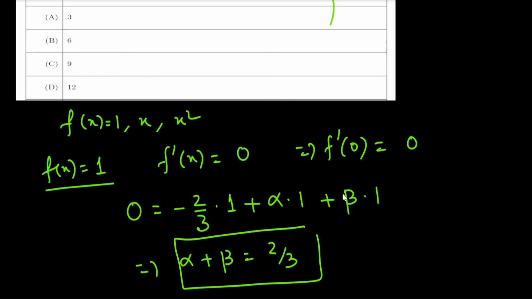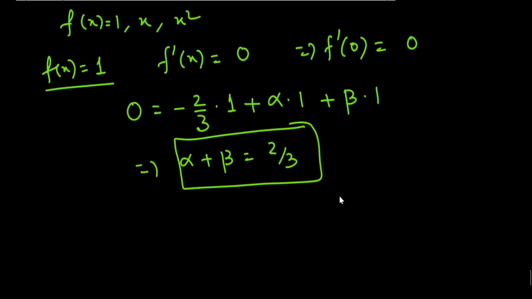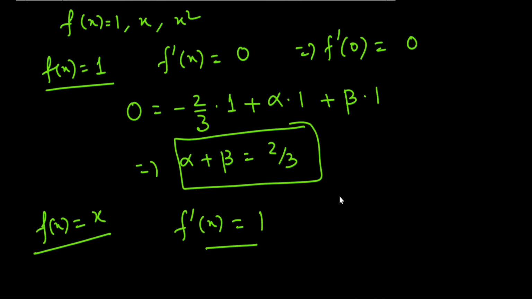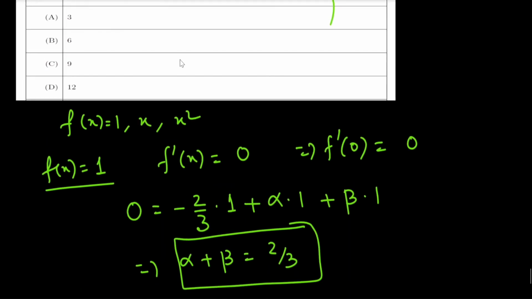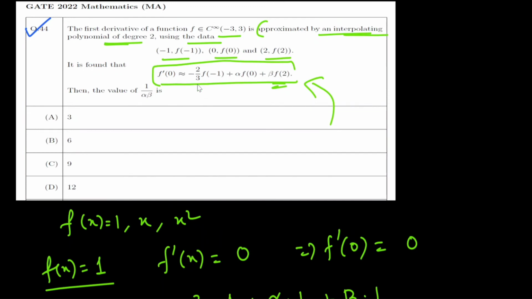One condition we get. Now put f(x) equal to x, then we get f dash x equal to 1, and now f dash x equal to 1, then this gives f dash 0 is also equal to 1, since here the approximation formula is based on f dash 0.